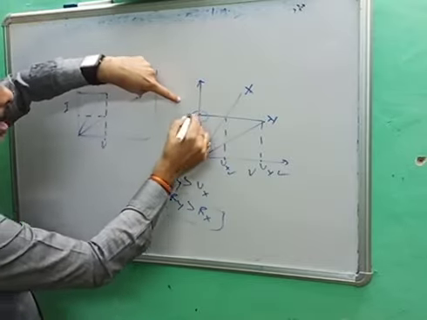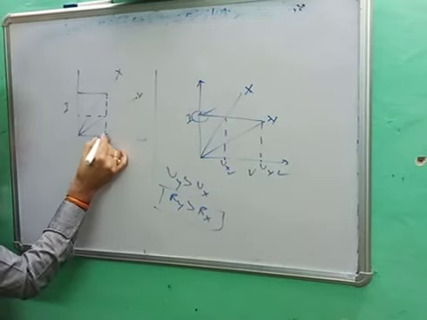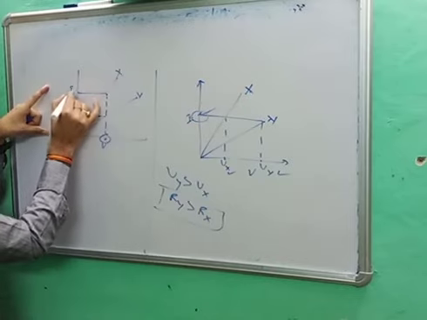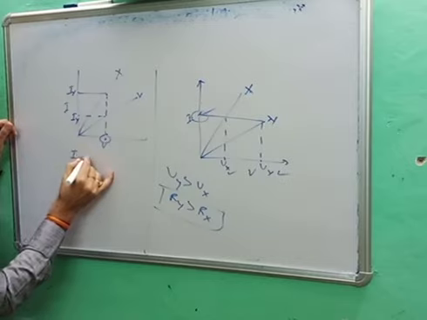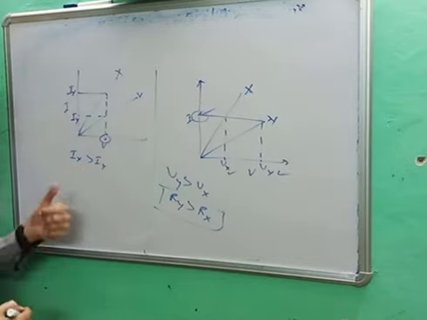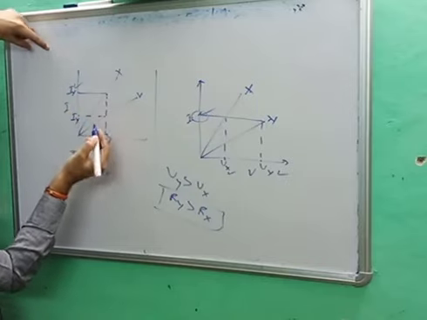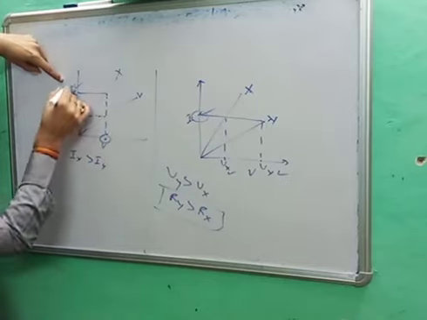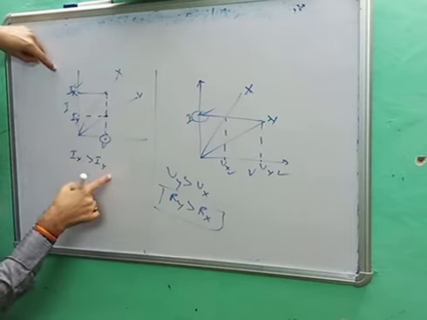In that question, I was constant, V was different. Here V is constant, I is different. This is the value of Ix, this is the value of Iy. And here Ix is greater than Iy. Because this is the point of X, this is the point of Y.